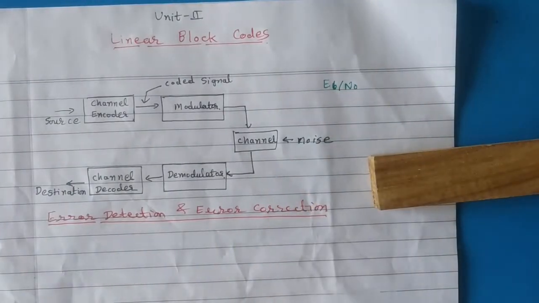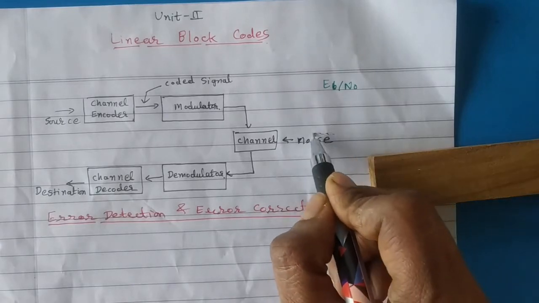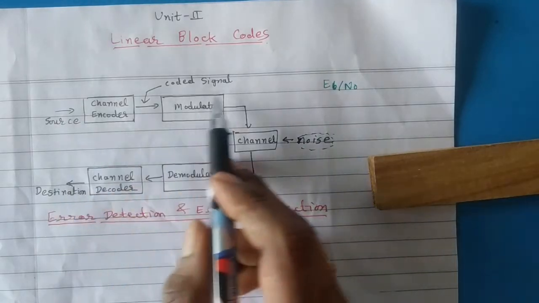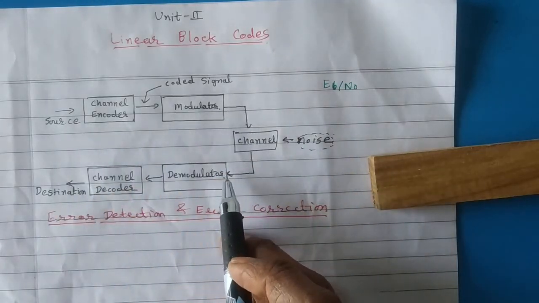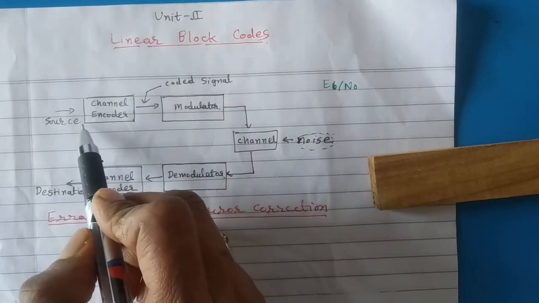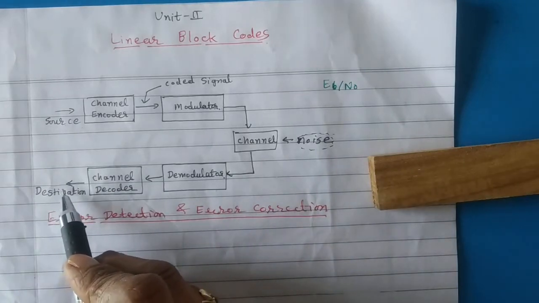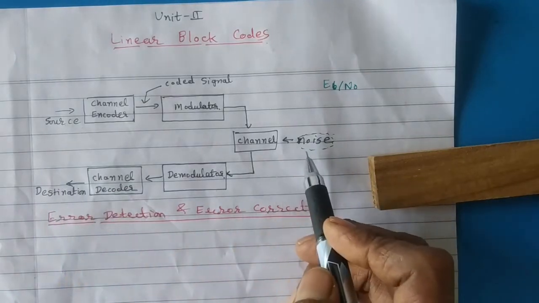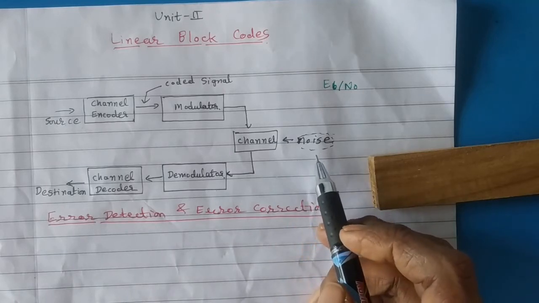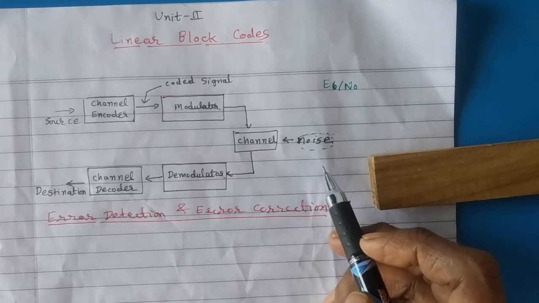Now this noise may corrupt the signal which is traveling on the communication channel. If we are transmitting logic 1 at the source side, it may be received as logic 0 at the destination side due to this noise. So, due to this noise, the reliability of data transmission can be severely affected.